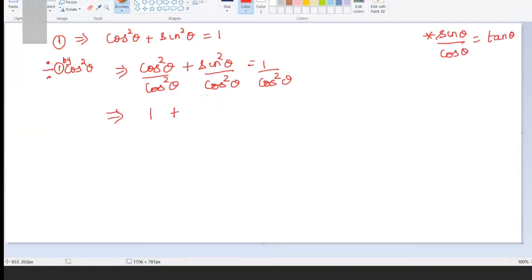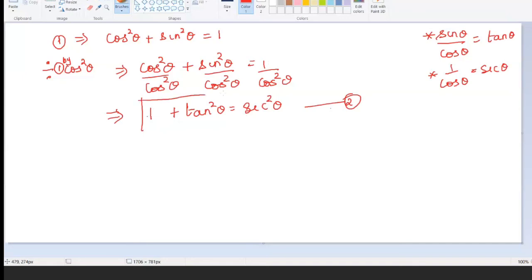Therefore 1 plus tan square theta is equal to, who is the reciprocal of cos? We have already learned this, secant theta. So 1 by cos square becomes secant square theta, and this is the second identity which I have got. Put this in a box.